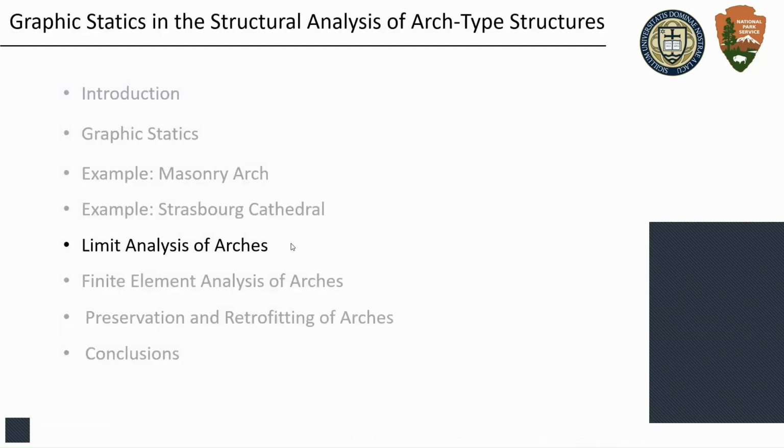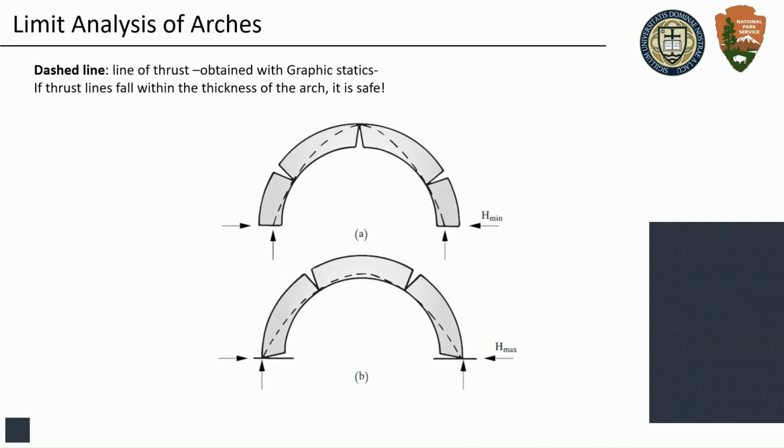Let me go into a bit more in-depth analysis of arches, and we're going to talk briefly about limit analysis of arches. The basic theory is that if we are investigating the strength of an arch, this is basically the way that the arch will fail.